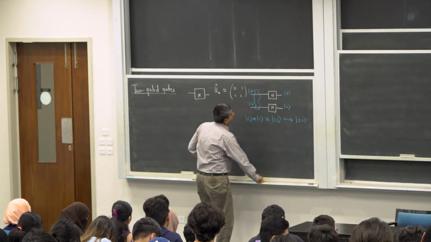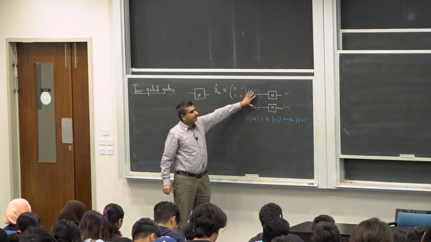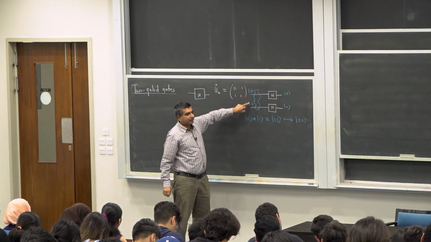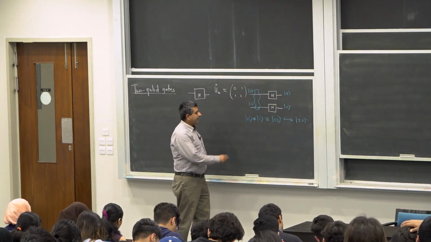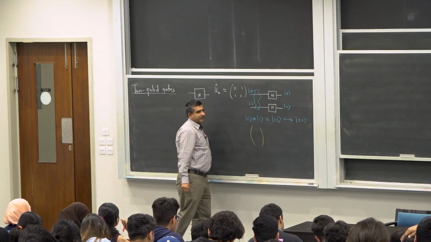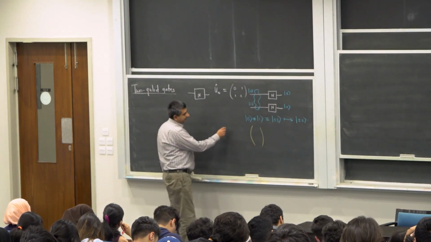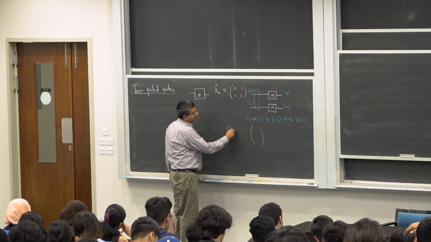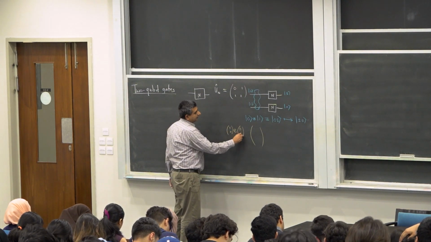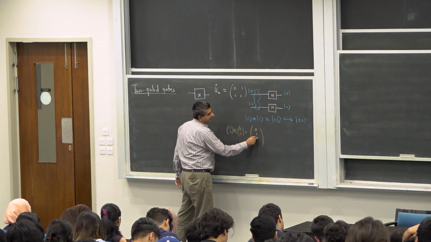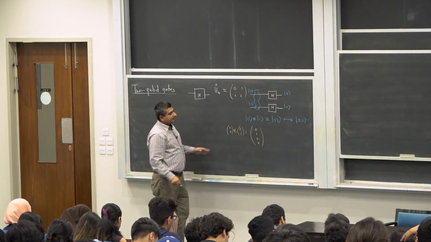Now we also know that we can write this quantum state ket 0, ket 1 in terms of a 4x1 column vector, and this is (1 0) tensored with (0 1), and this gives (0 1 0 0). So this is the input state.